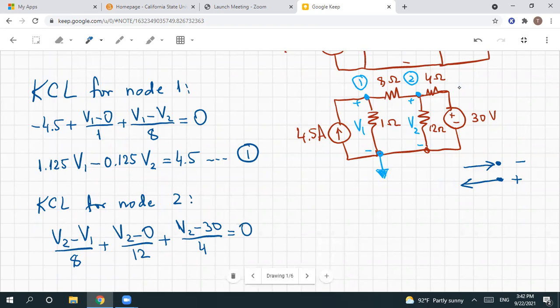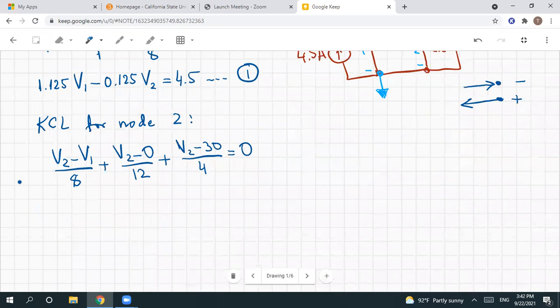And if we calculate these numbers, I will start with V1. V1 here will be divided by 8, so it will be negative 0.125 V1. And for V2, I have here 1 over 8, which is 0.125 V2, and here I have 1 over 12, which is 0.08333, and here I have V2 over 4.